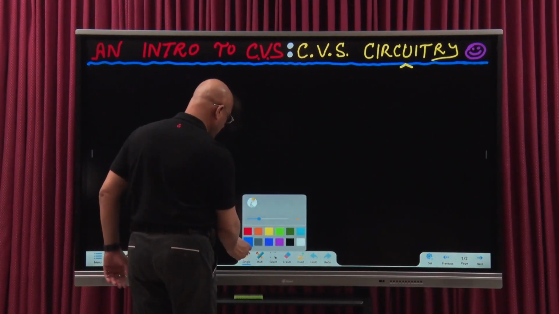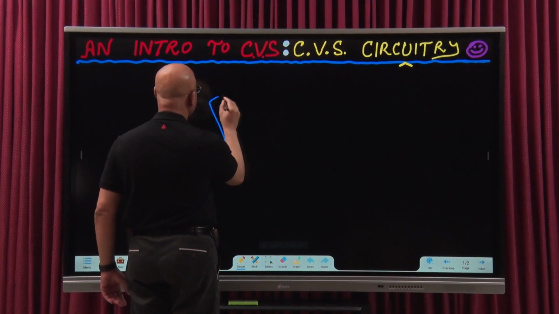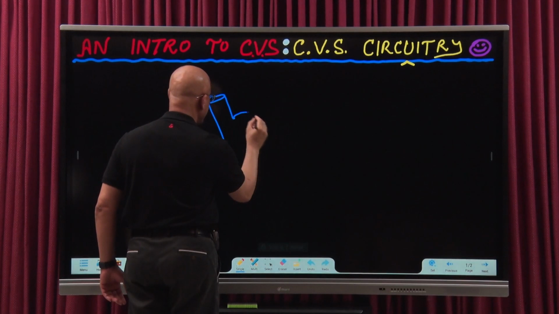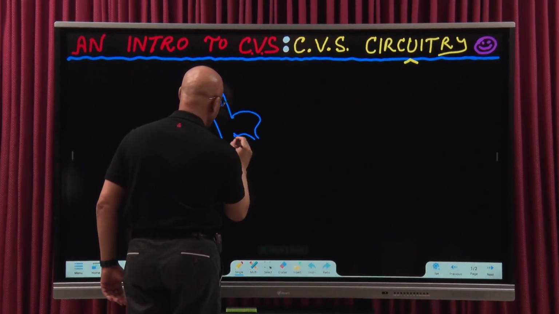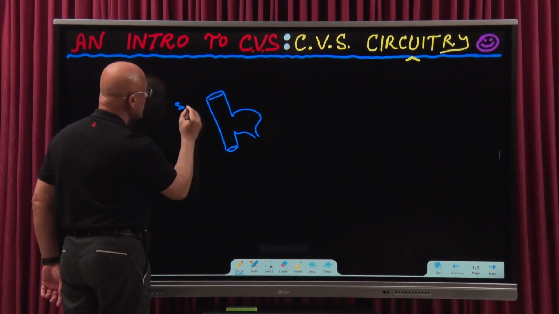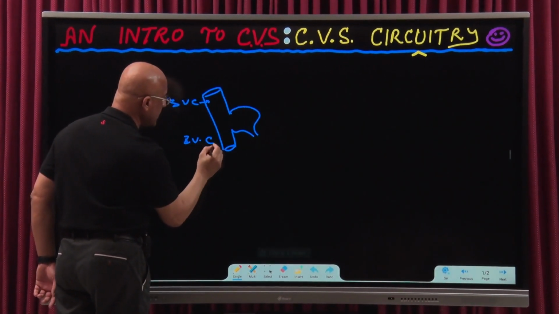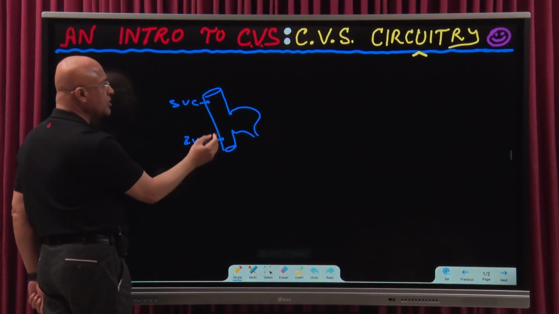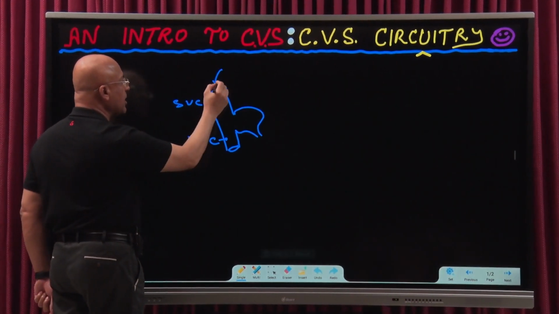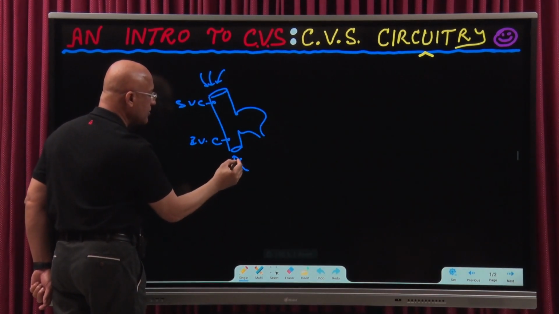So, first of all, let me draw the right side of the heart, and here is the superior vena cava, and here it is the inferior vena cava. Both of these caval systems are bringing the blood from all over the body, except the lungs.